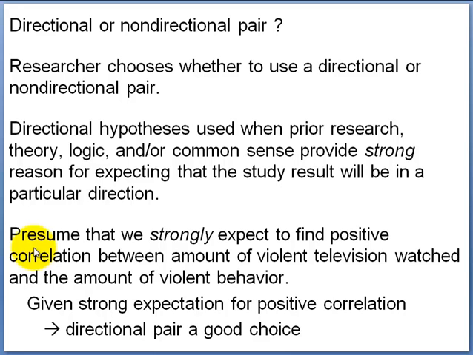So let's suppose that we strongly expect to find this particular result of positive correlation. Given that we have strong, almost compelling expectation, the directional pair is a good choice in this situation.